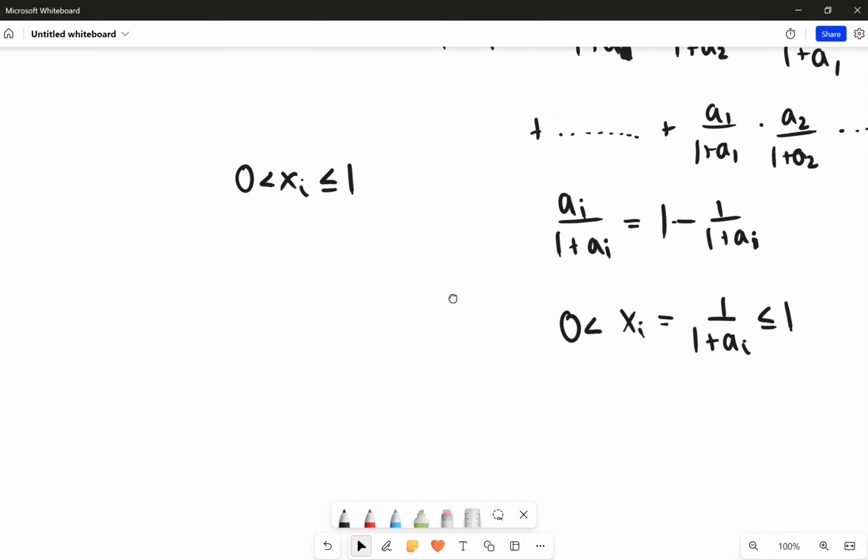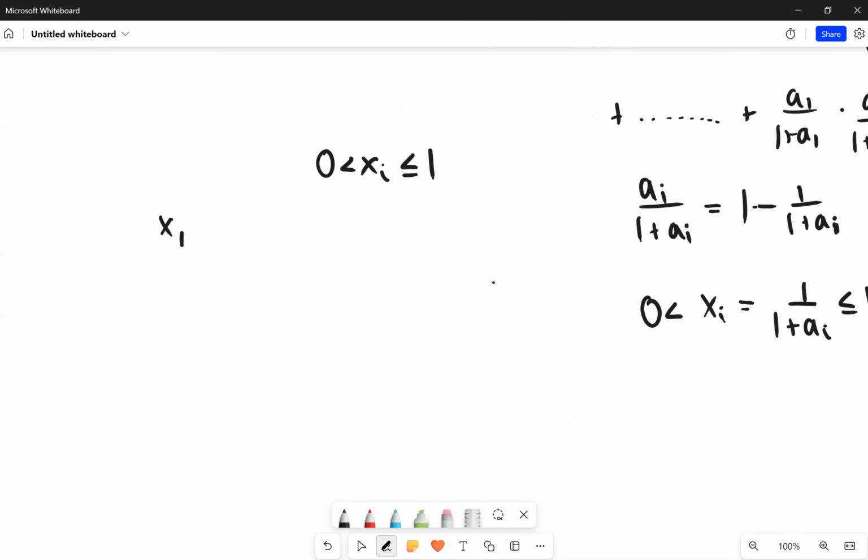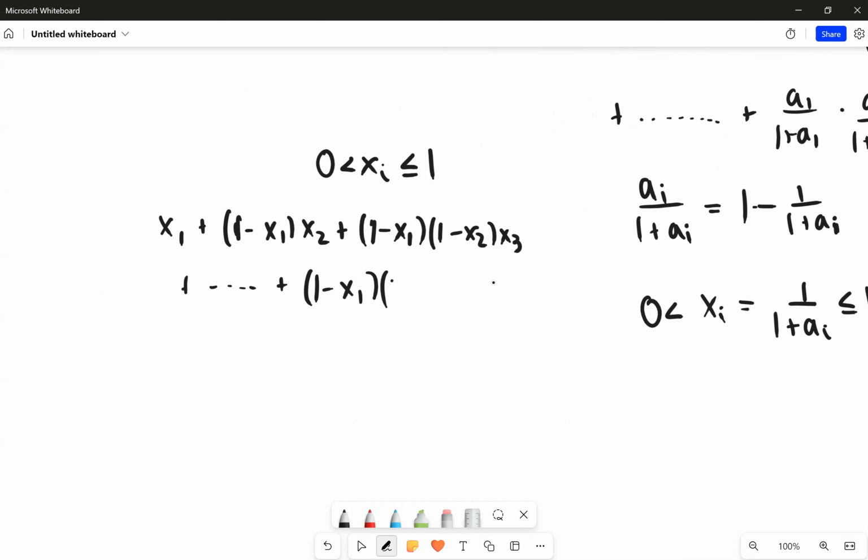And now we'd like to show that x1 plus (1 minus x1) times x2 plus (1 minus x1)(1 minus x2) times x3, and we continue all the way to plus (1 minus x1)(1 minus x2) all the way to (1 minus x(n-1)) times xn, is less than or equal to 1, for 0 is less than xi is less than or equal to 1.